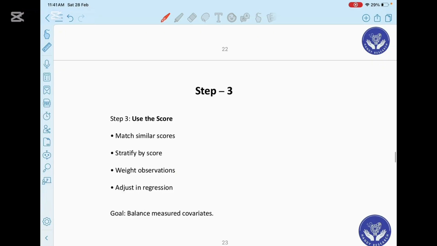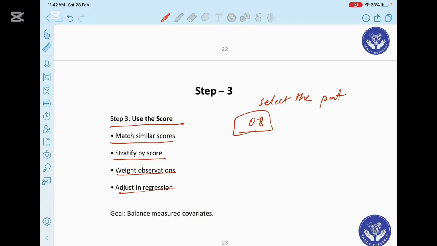Now what we do in the next step, we use that score: match the similar score, stratify the score, weight observation. It means that we select the patients having propensity score 0.8 in the exposure group, and another person who has the propensity score 0.8, calculated through the different variables, and take it in the control group.